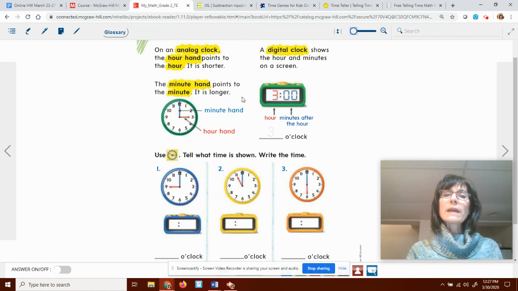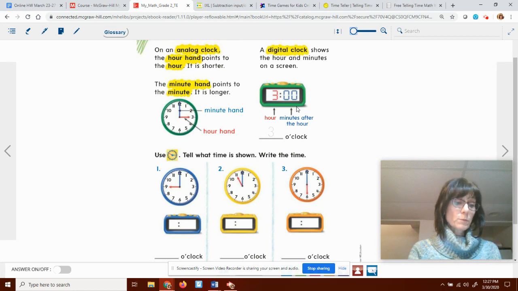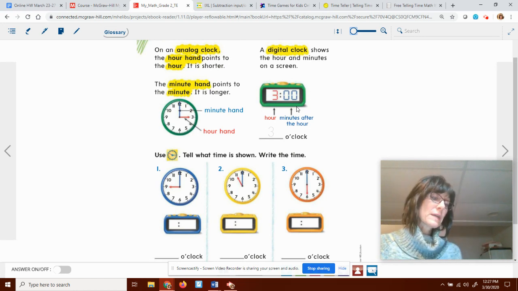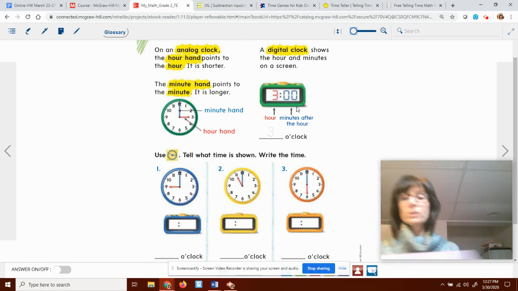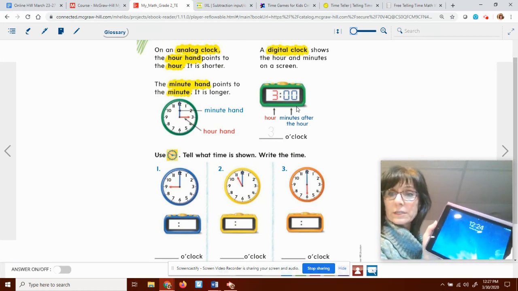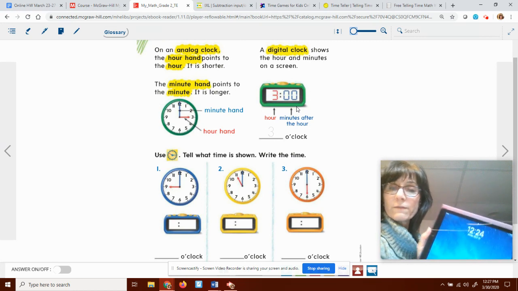The other one you're probably most familiar with is a digital clock. When Mrs. Swint puts on her phone, that's what she's going to see generally, a digital clock. Or when she puts on her iPad, you're going to see the digital numbers. That would be the 12:24.